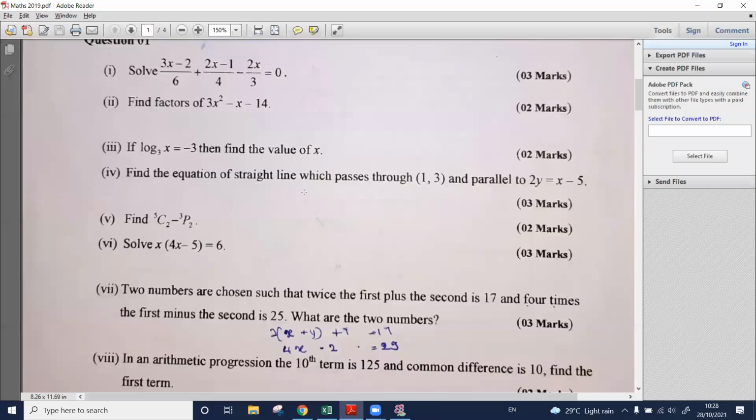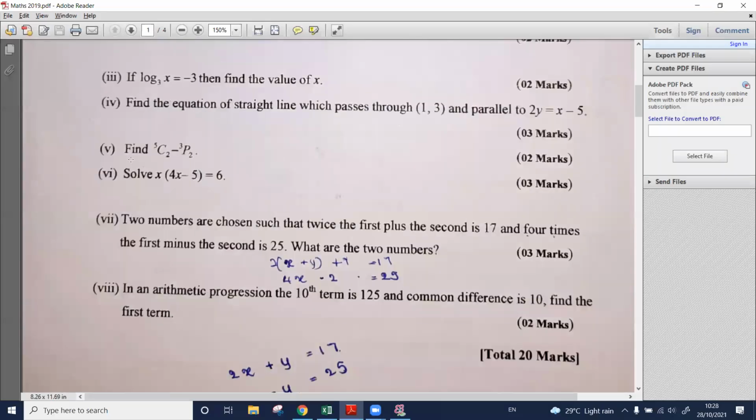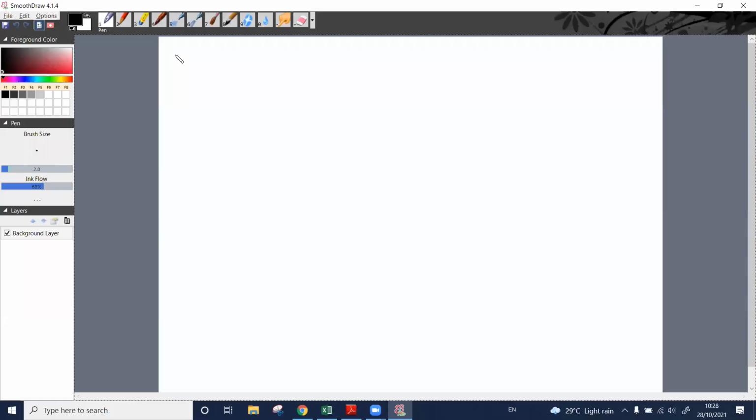Part 5. Find 5c2 minus 3p2, permutations and combinations.